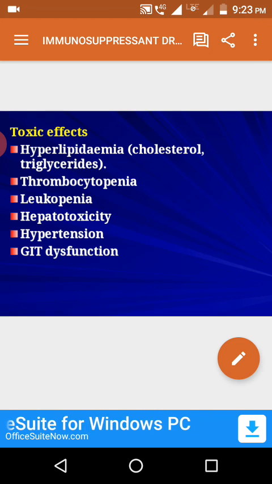So without any hesitation, you can write the adverse effects as secondary infections: bacterial infections like mycobacterium TB, viral infections such as herpes and cytomegalovirus, and fungal infections like candida. These side effects are inbuilt, you can write them, no problem.